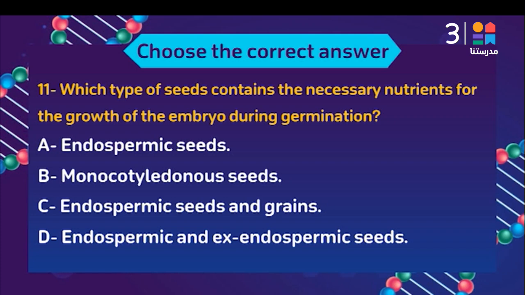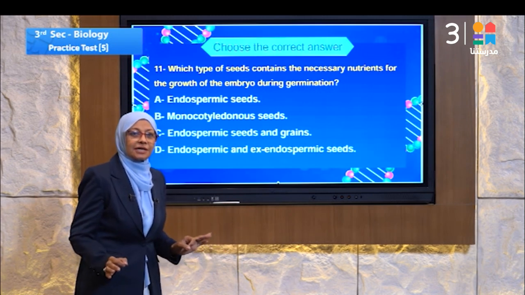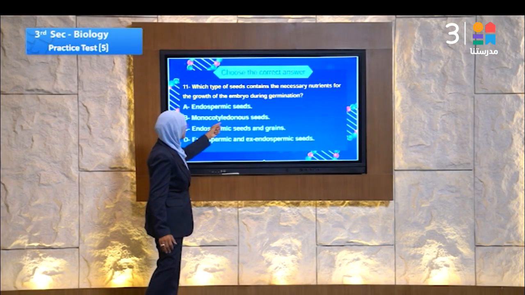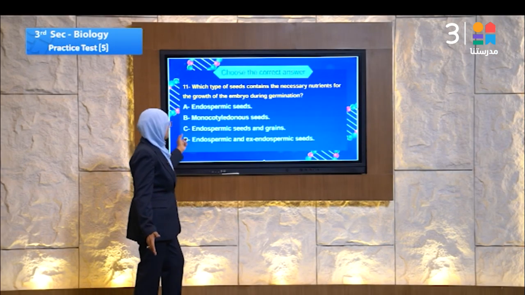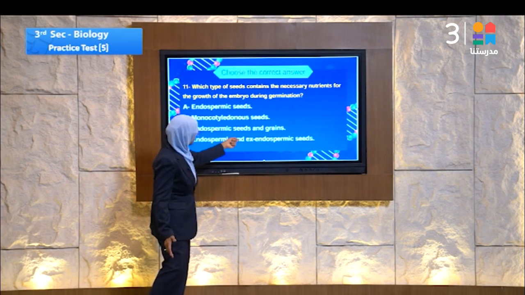Question number 11 speaks about the seed. Let's read the question and the choices. Which type of seeds contains the necessary nutrients for the growth of the embryo during germination? We must consider here during germination. Let's read the choices. Number A, endospermic seeds, maybe. Number B, monocotyledon seeds.